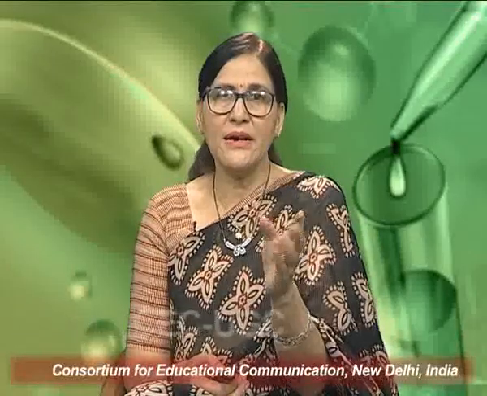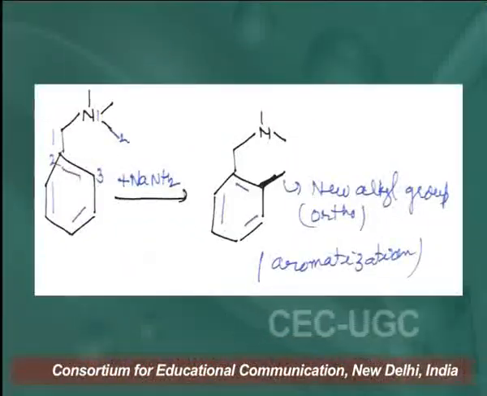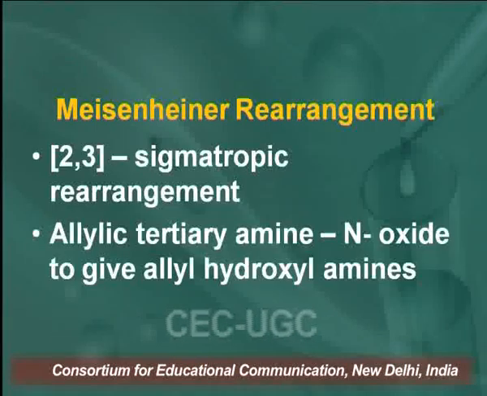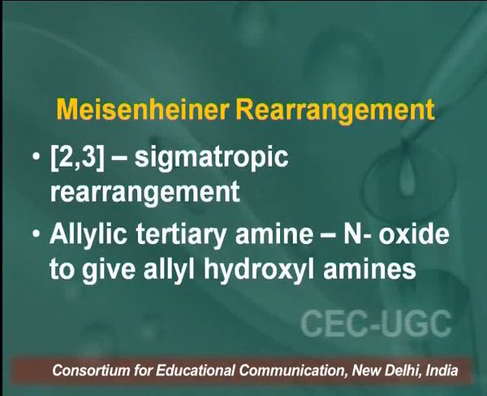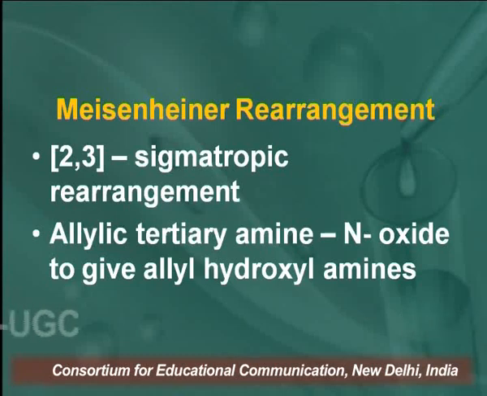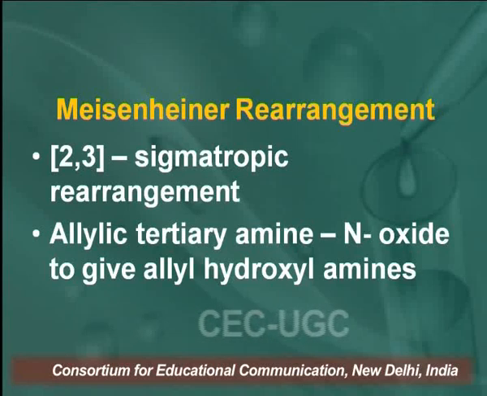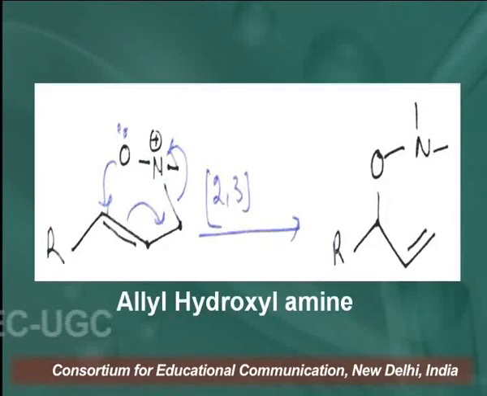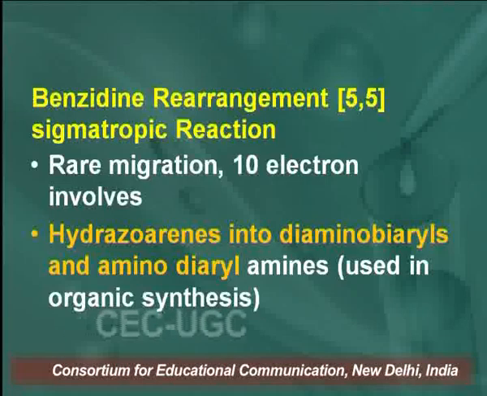You can see that at position 3, the ortho position, aromatization takes place or a new alkyl group is shifted. The Meisenheimer rearrangement is also a 2,3 sigmatropic rearrangement, where allylic tertiary amine oxides give allyl hydroxylamines, and we get a very stable product.